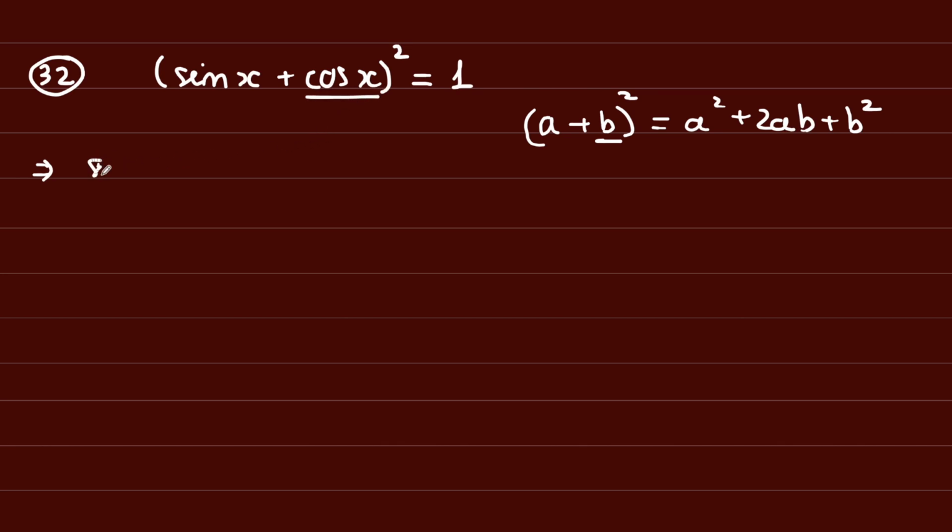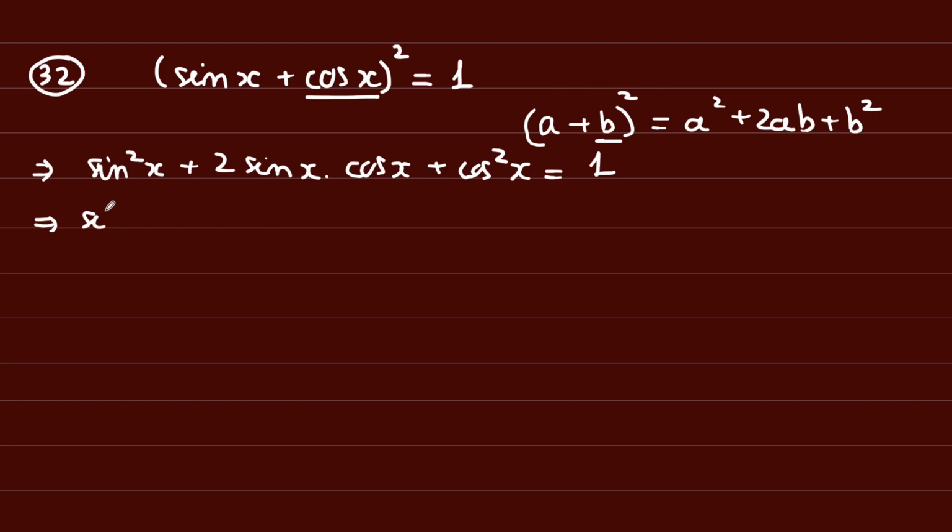And a squared means sine square h plus 2 sine h multiply cos h plus cos square h equal to 1. And you know the relationship between sine h and cos h, right? I need to change the position of the terms in the original identity here, and you will get sine square h plus cos square h equal to 1.